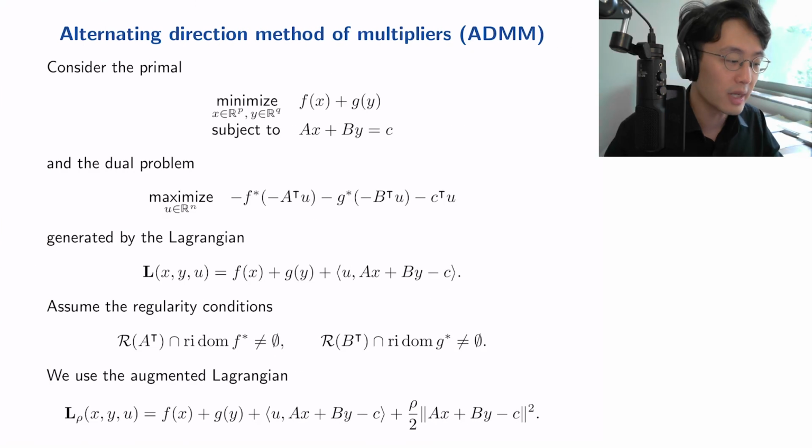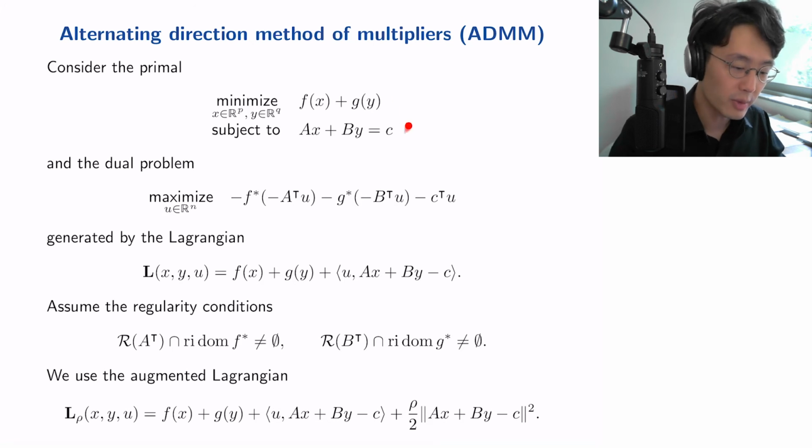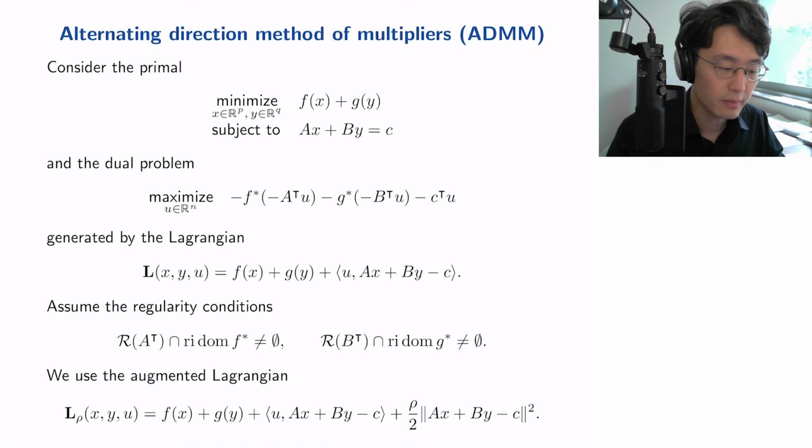Let's use the IPC technique to derive the alternating direction method of multipliers, which is commonly abbreviated to ADMM. We consider this primal problem of this form, where we minimize f of x plus g of y. The optimization variables are x and y, and note that x is length p and y is length q, so the lengths of x and y do not have to match.